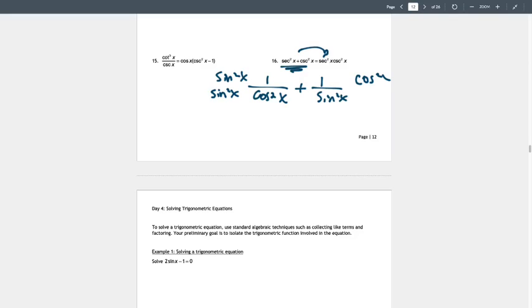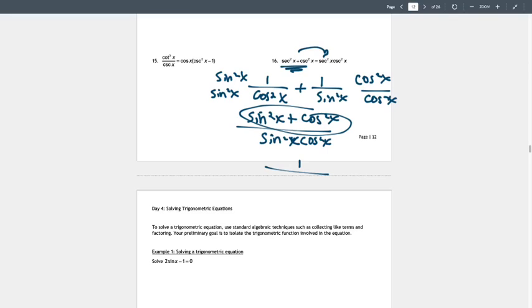Multiply this one by cosine squared x on the top and bottom. And that gives me sine squared x plus cosine squared x all over that common denominator. Okay, then on top, that's the same thing as 1. And then that will simplify to be cosecant squared x secant squared x. And I can switch the order around to match that one.